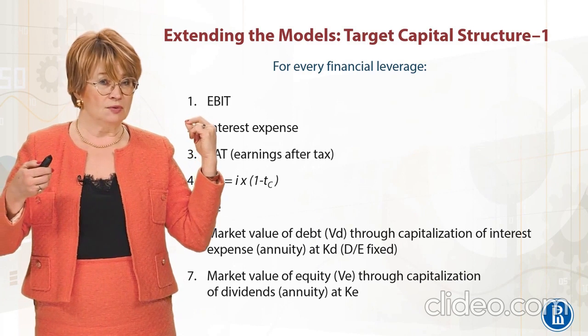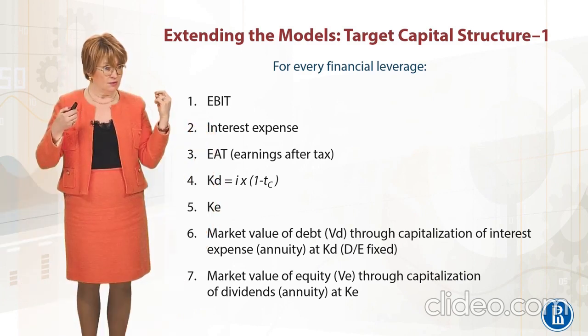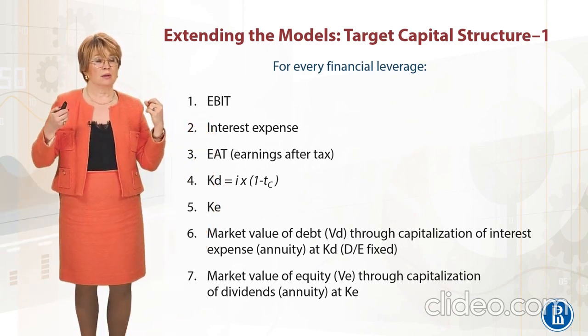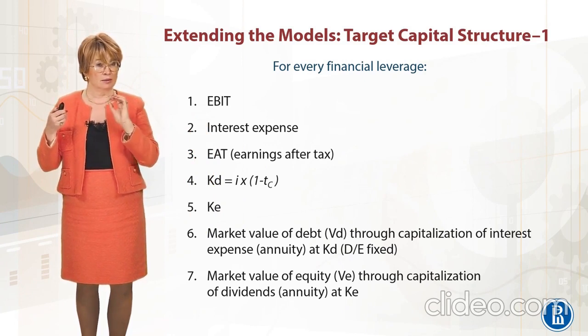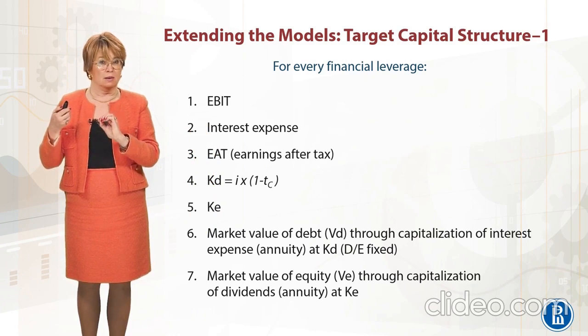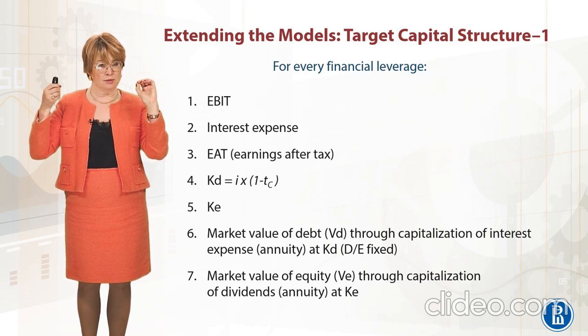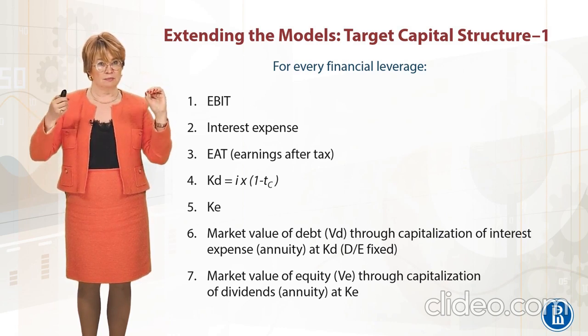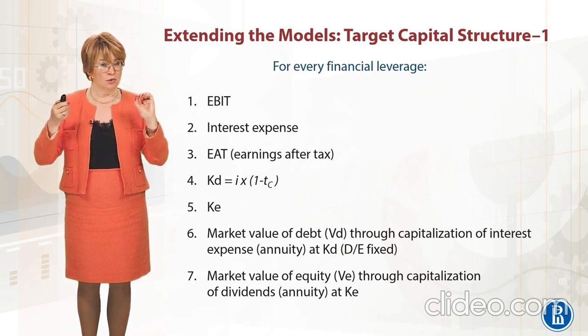At step number 7, almost the same, a very similar procedure we have to apply to find the market value of the equity, because now we are assuming no growth strategy, no investment, no accumulation of earnings.